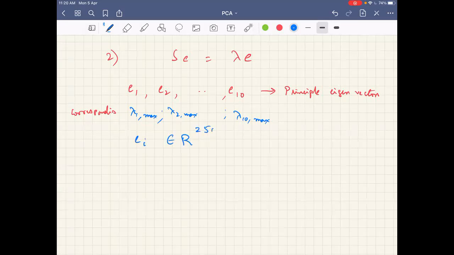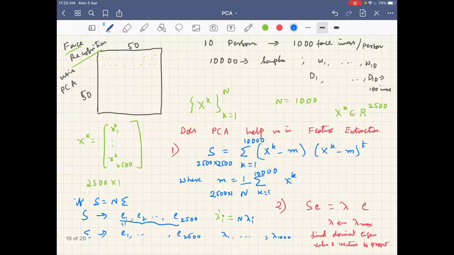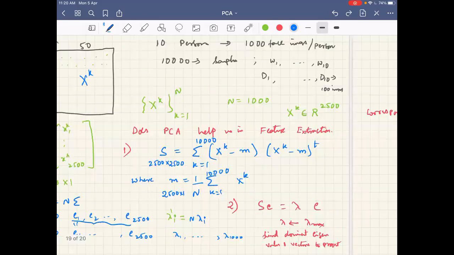The original images are xk. One of the samples itself is this original image, which you vectorize. So the eigenvector also has the same dimension, now in vector form.